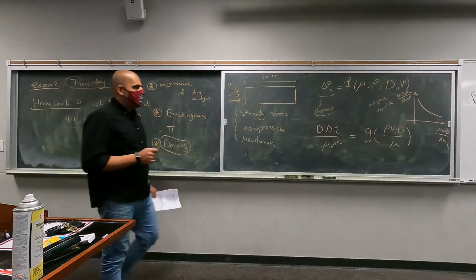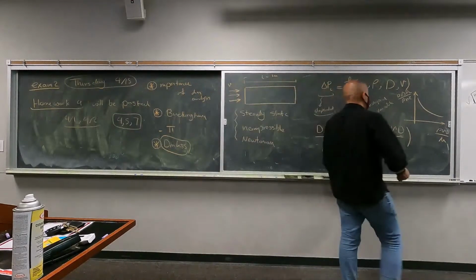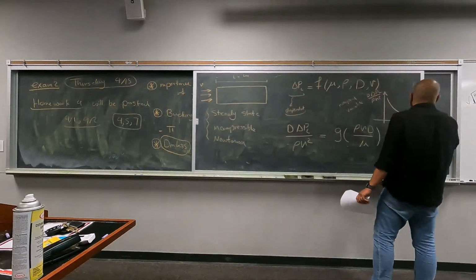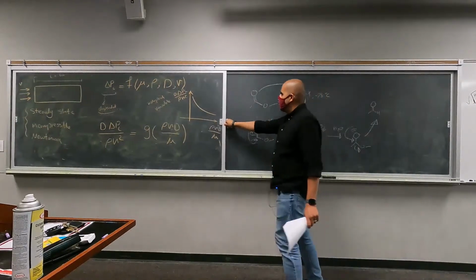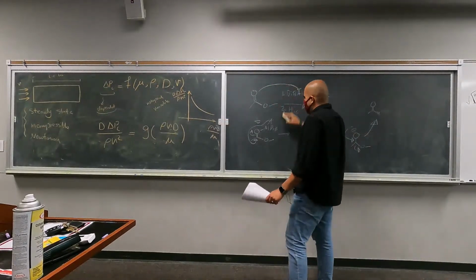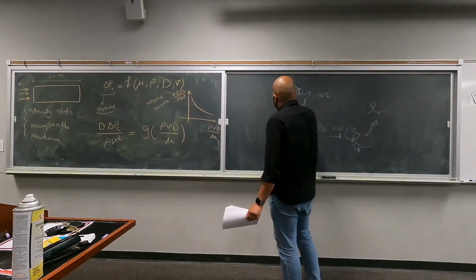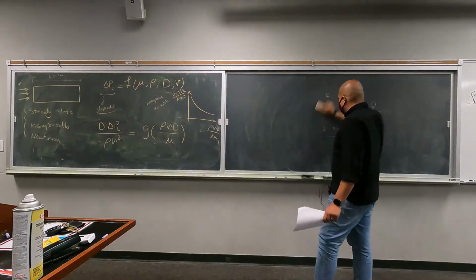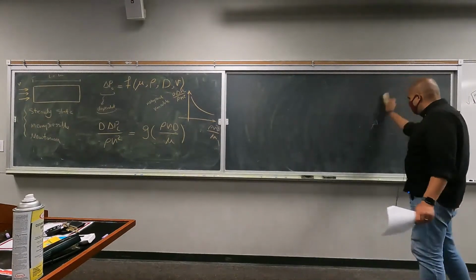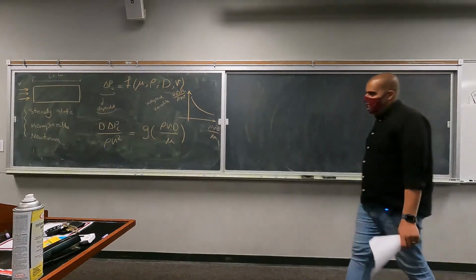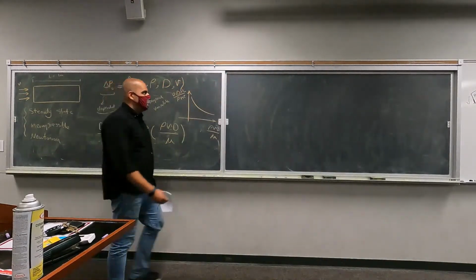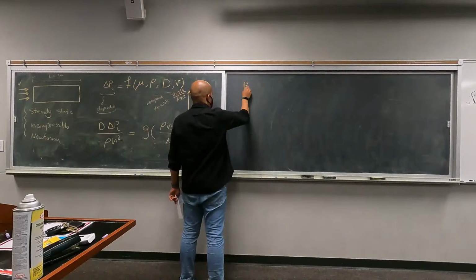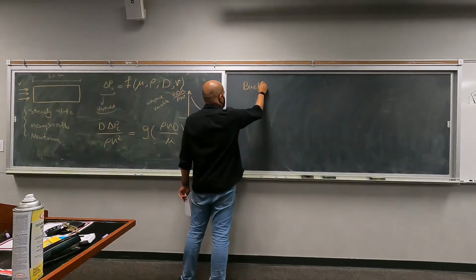So the method we are going to use to get from this equation, this more complex situation, to a rather simplified situation, is called the Buckingham pi theorem.